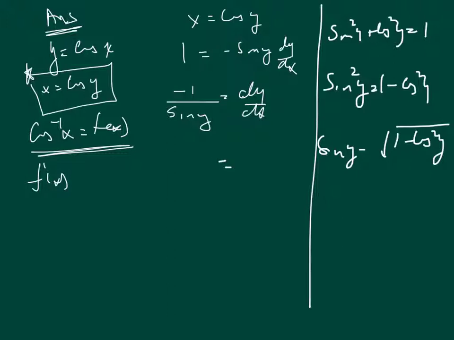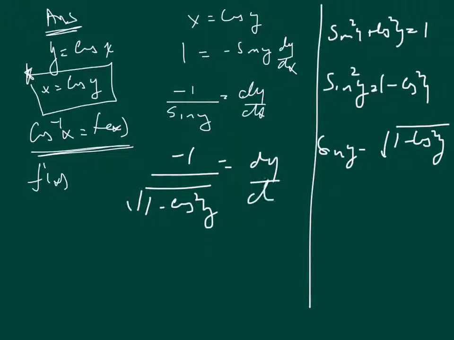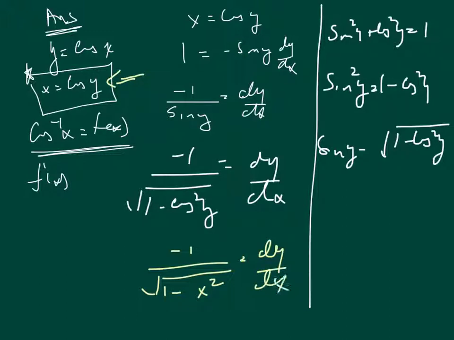So over here, we have negative 1 over the square root of 1 minus cosine squared y. And again, we have this rule of x equals cosine y to do the replacement. And you're done.